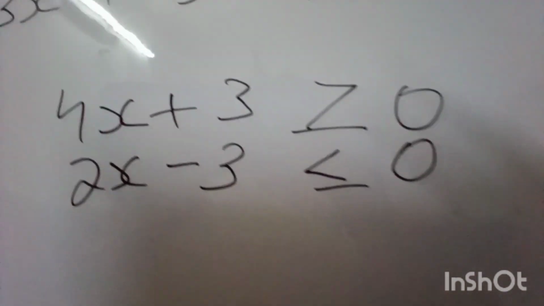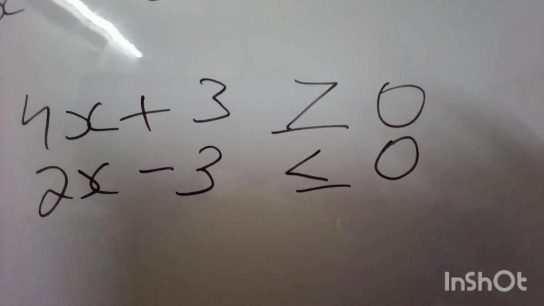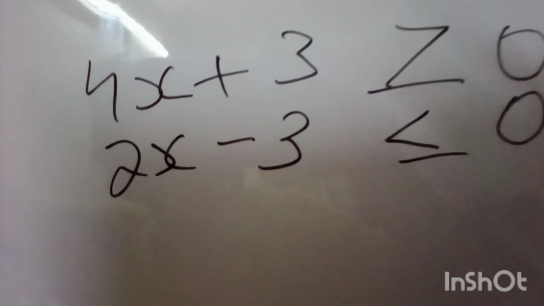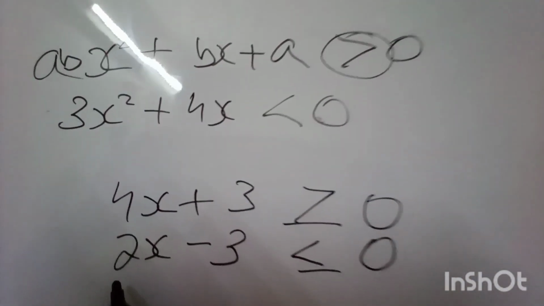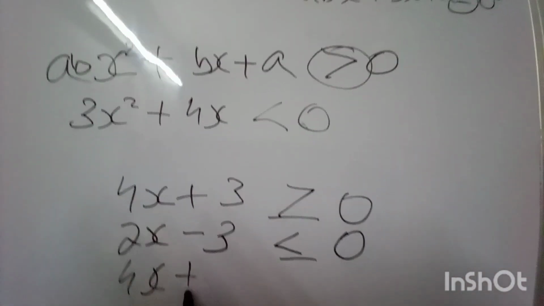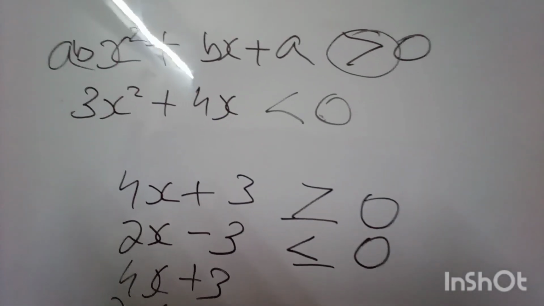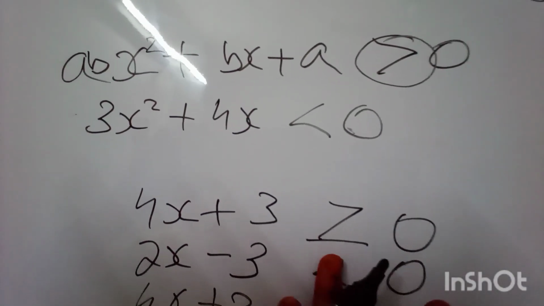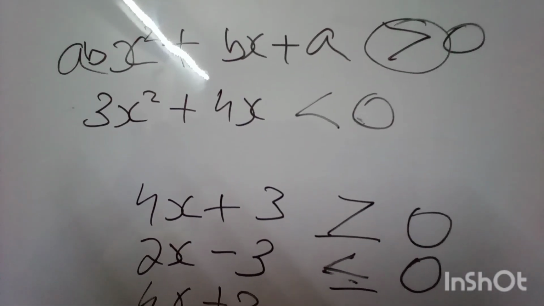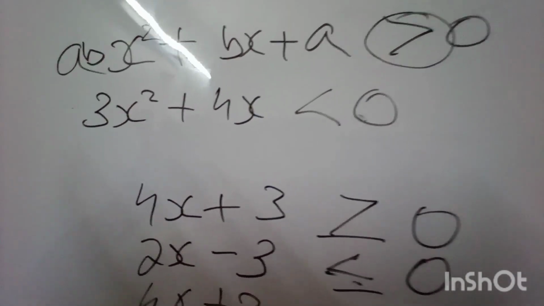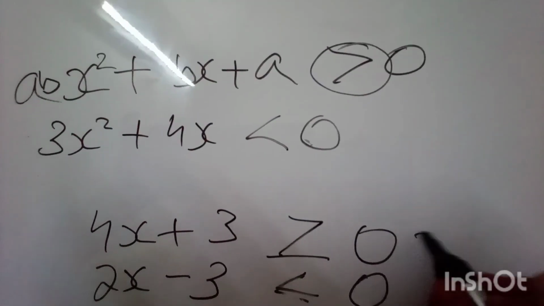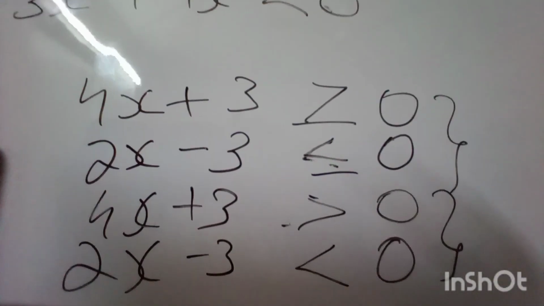So now this is called a linear inequality because there is no equal to sign, there is an inequality sign. In linear inequalities, we have two types. I'll show you what those are. So these are the two divisions of linear inequalities.